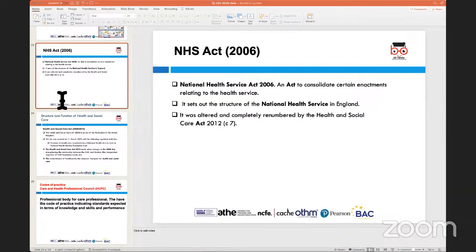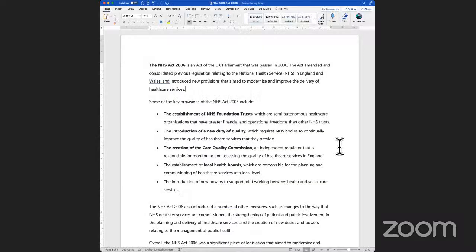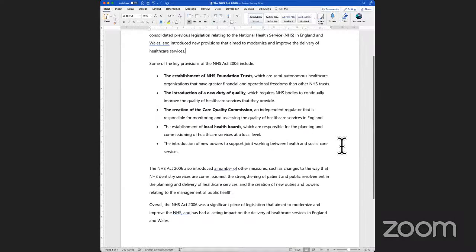So again, on the PowerPoint presentation I haven't put a lot of details, but this particular handout, which is available on Moodle, if I show it to you very briefly, you would see that it lists and details what this act is all about, why it was introduced and how it works in conjunction with other professional bodies like the HCPC, the GMC and the Nursing and Midwifery Council.